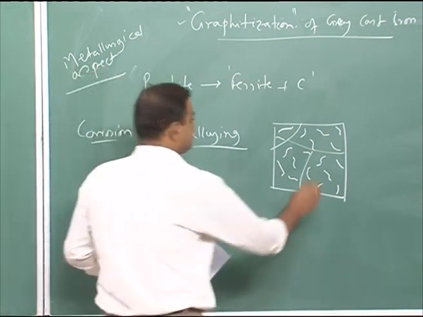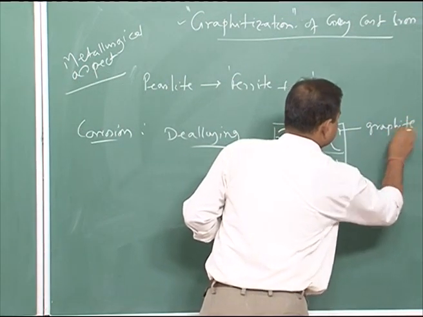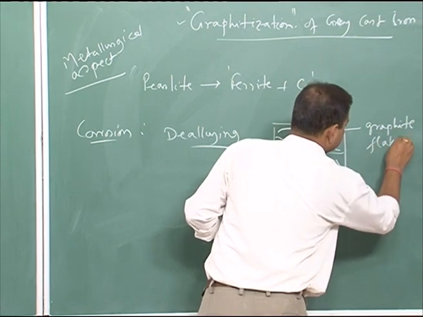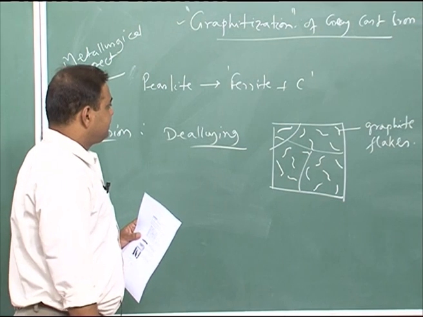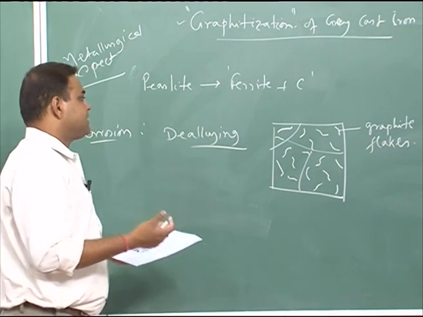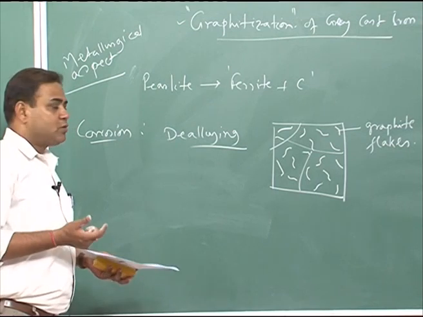Now, in that case graphite acts as cathode and iron acts as anode.